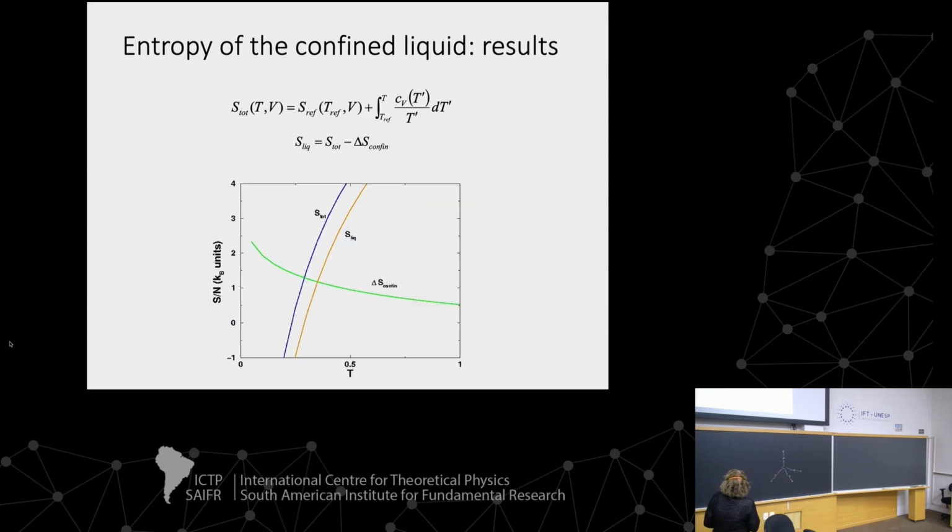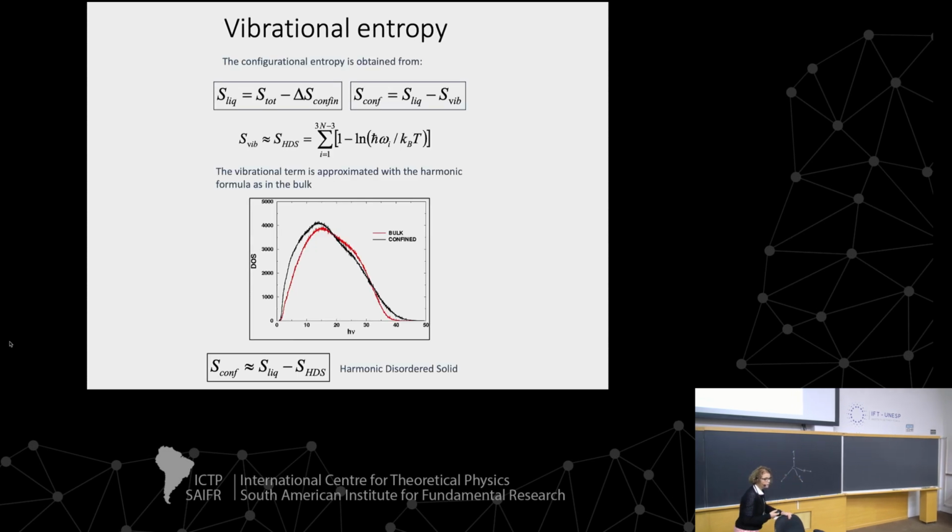So we have the result of the confined entropy, the total entropy, and the entropy that comes from the liquid bulk contribution. So you can also modify this calculation that usually is done for the bulk for confinement.